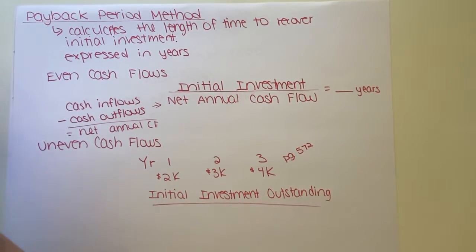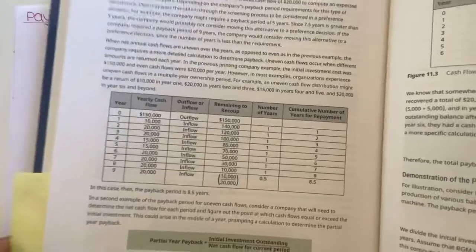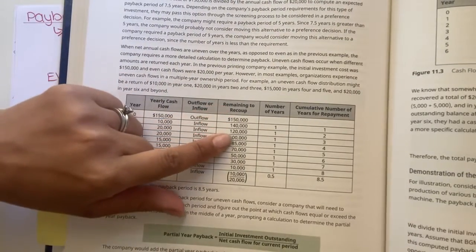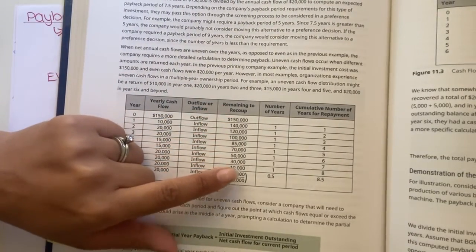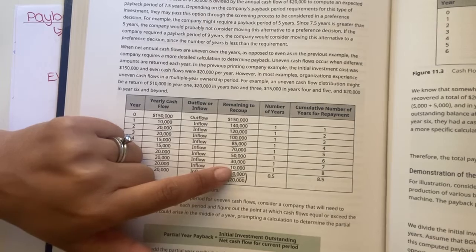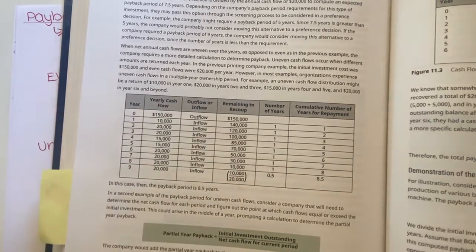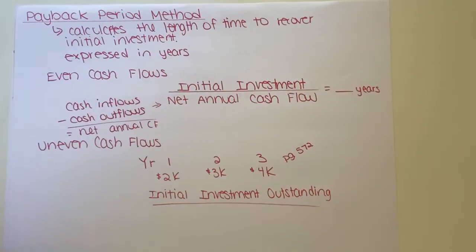Okay, so what that means, initial investment outstanding, it's the same as this remaining balance to recoup. So this is what's still outstanding, what still needs to be recovered. Okay, so that would be our numerator.